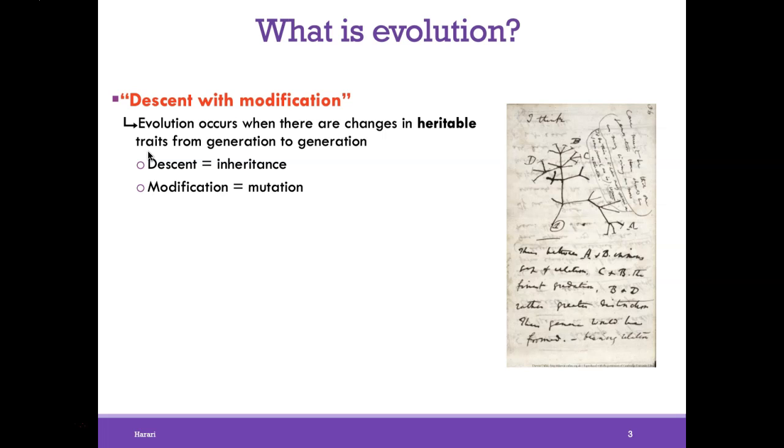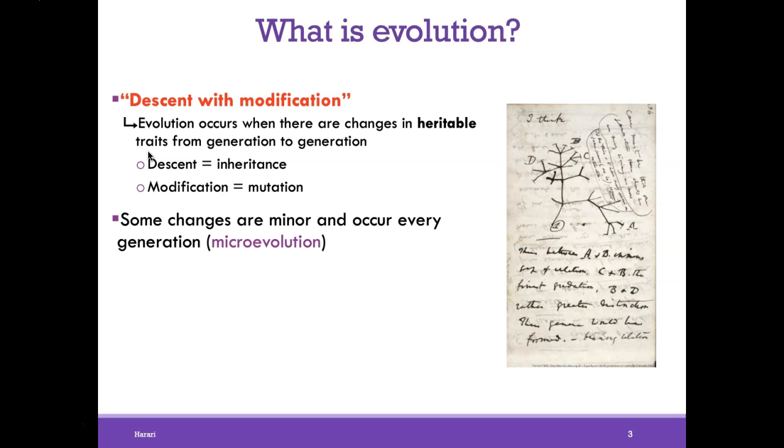We discussed already that genes, which are transmitted from generation to generation, encode traits, and those genes can undergo mutations, modifications. So far we're piecing some pieces of the puzzle together by saying that evolution occurs when there are changes in heritable traits from generation to generation. Some of these changes are very minor and can occur every generation.